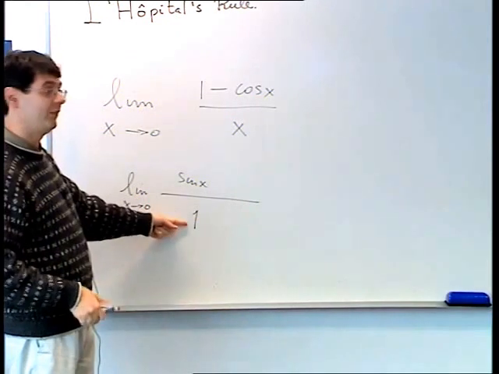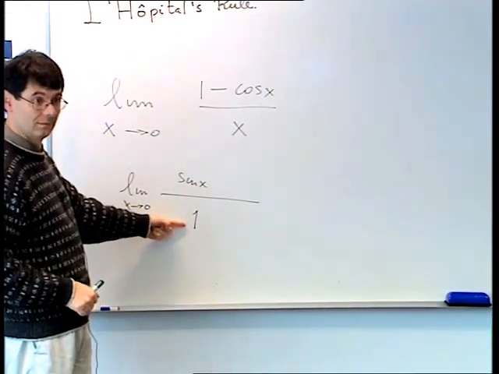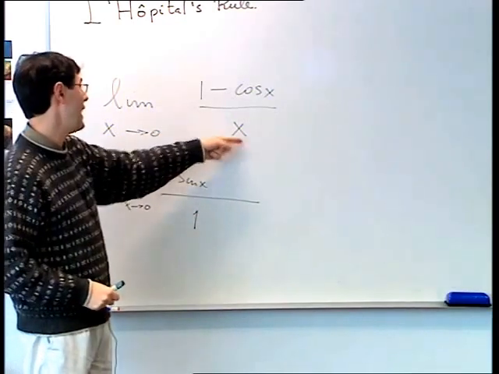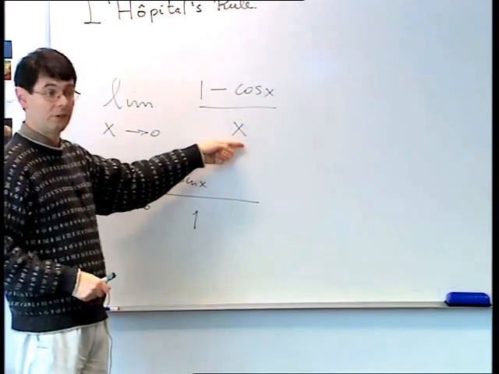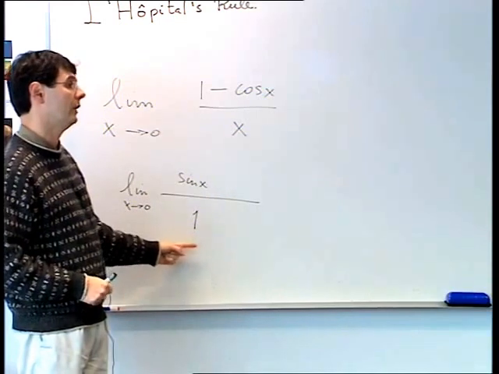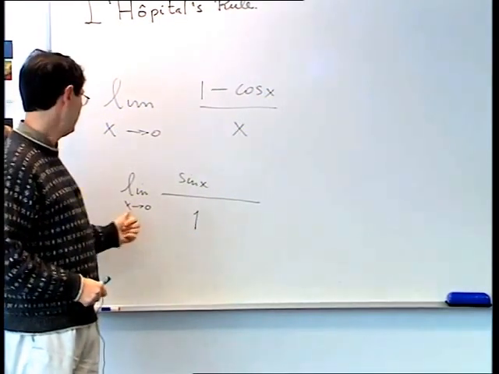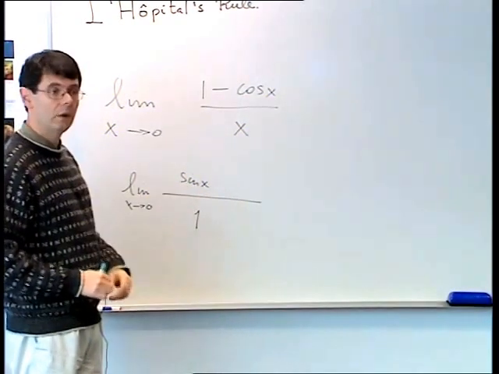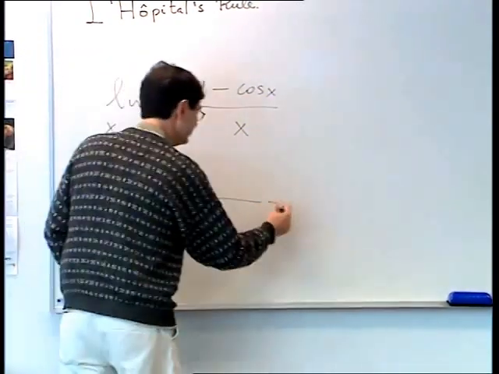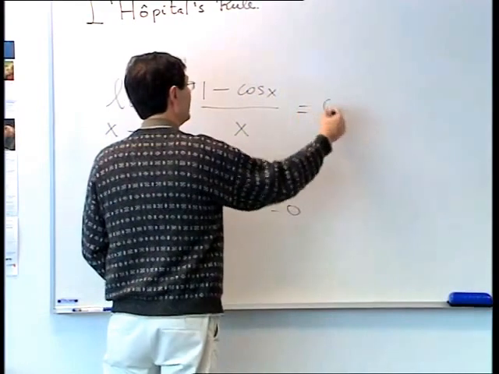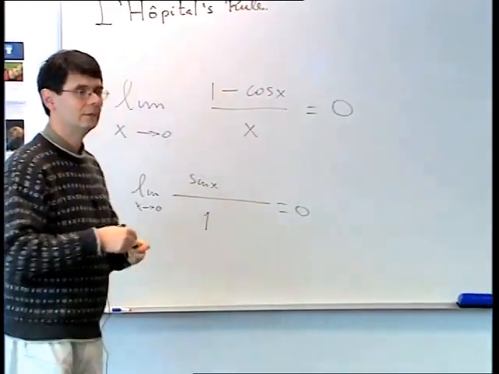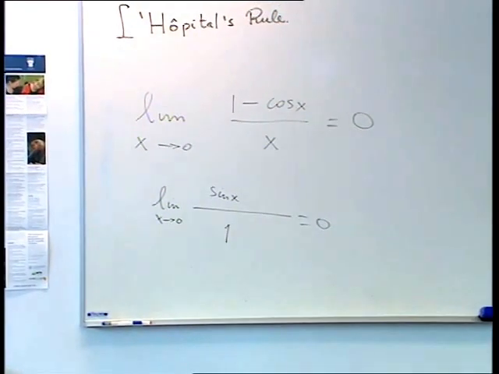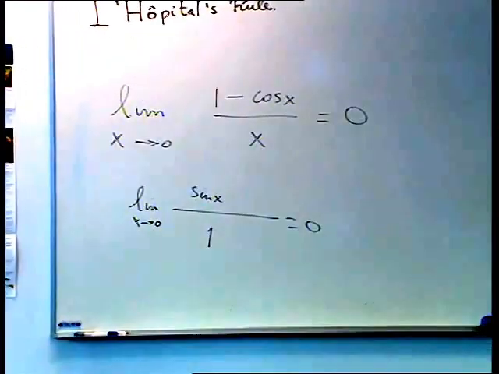You're not dividing by 0 now. You were dividing by x, and x was going to 0, so you were dividing by 0. You're not dividing by 0 anymore. So you just plug in x equals 0 in here. Sine of 0 is 0. So this is 0. Oh, come on. It is neat.